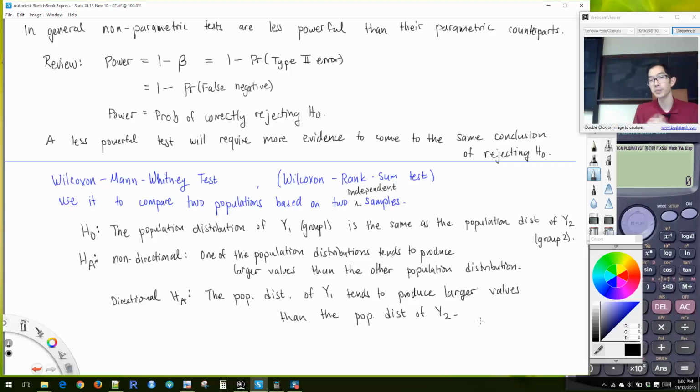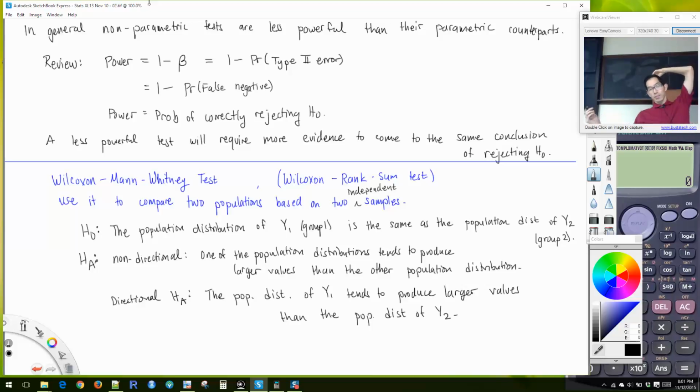Or, vice versa. Y2 tends to produce larger values than Y1, population distribution. Okay. So this one would be non-directional and this one would be directional. Is that okay?